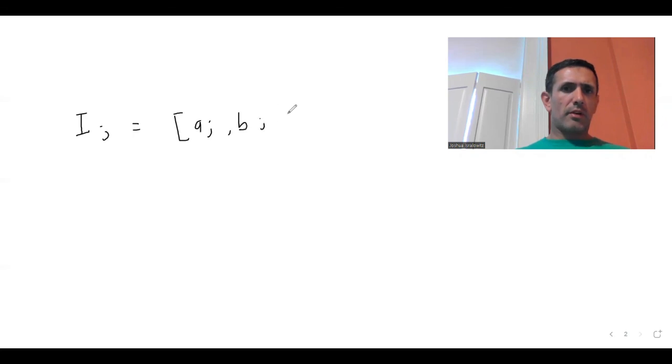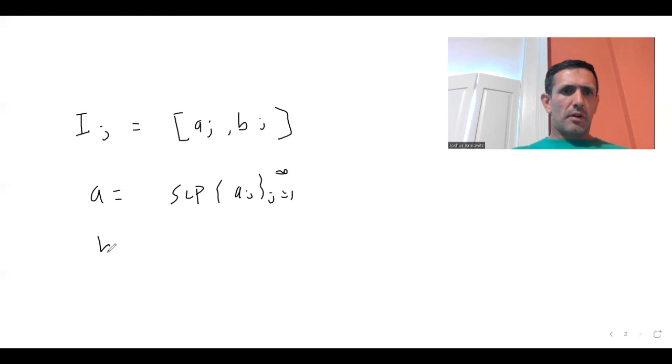So by the nested interval theorem, first of all, let's say I_j is [a_j, b_j]. I'm going to use the old homework associated to the nested interval theorem. Remember what a was? It's the supremum of the a_j's, the supremum of the left endpoints. b is the infimum of the right endpoints.